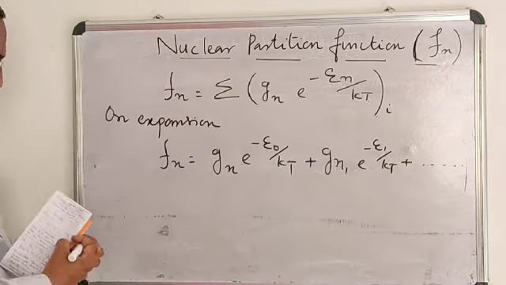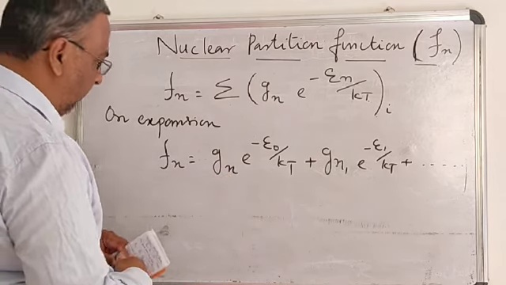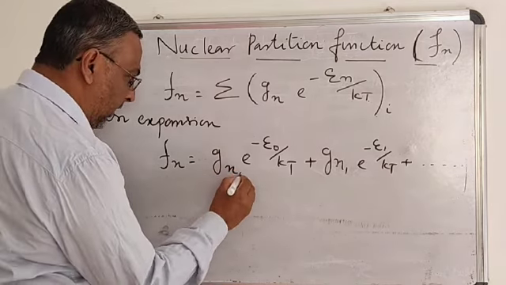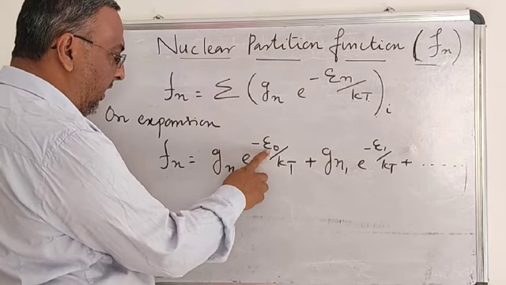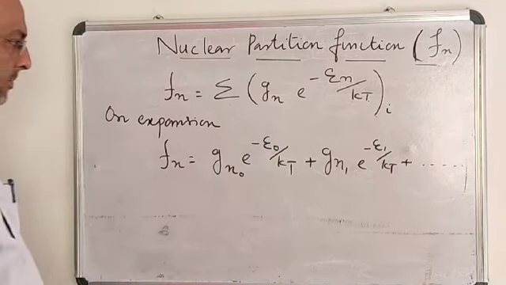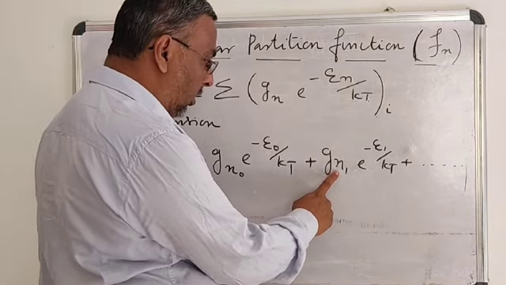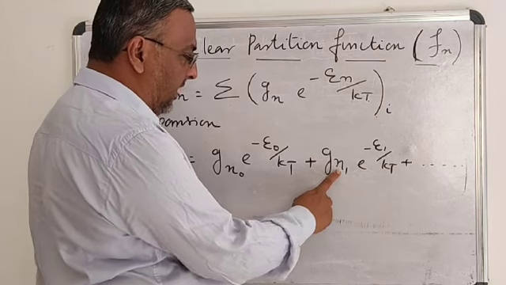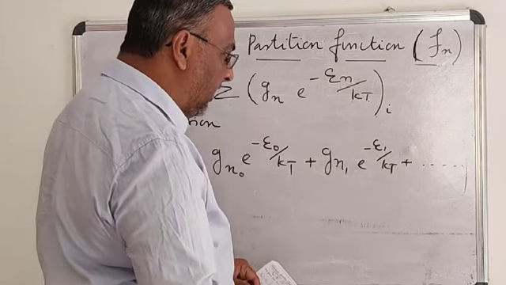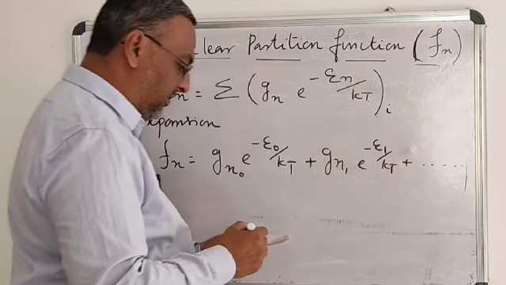What is this actually? This is the degeneracy of the nucleon at the zeroth level. This is the energy of nucleons in the ground state, and this is the degeneracy of the nucleon in the first excited state, and this is the energy of the nucleon in the first energy level, that is E1.